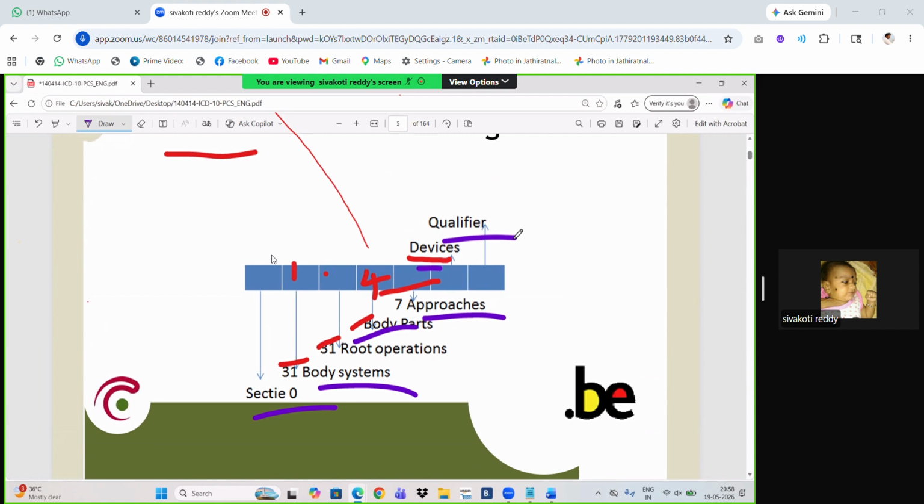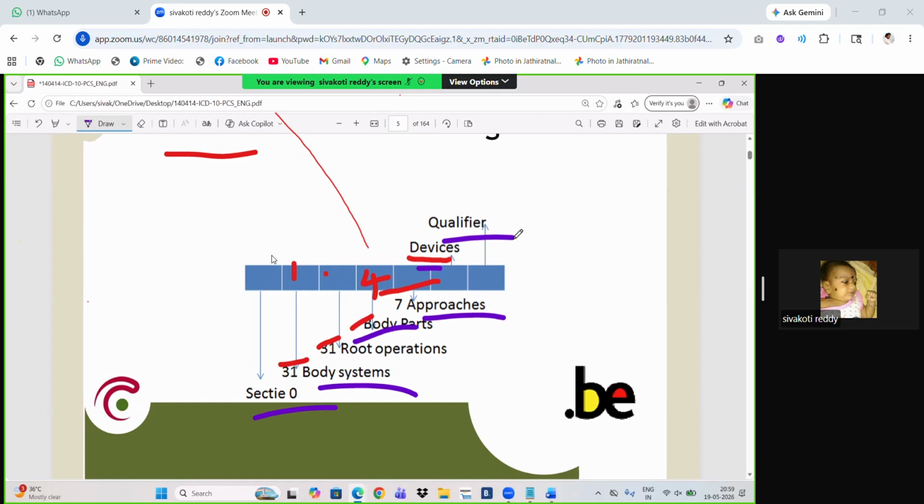Based on these 6 characters, can you identify the procedure, what they perform? The objective of the procedure, can we identify it? Or will you get a complete code based on these 6 characters?